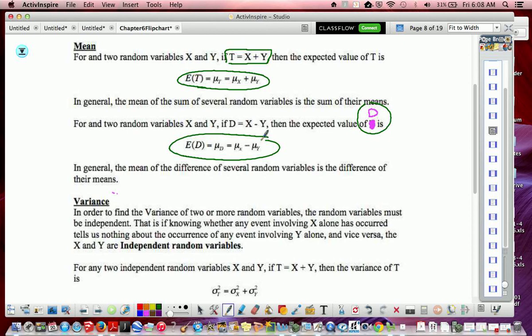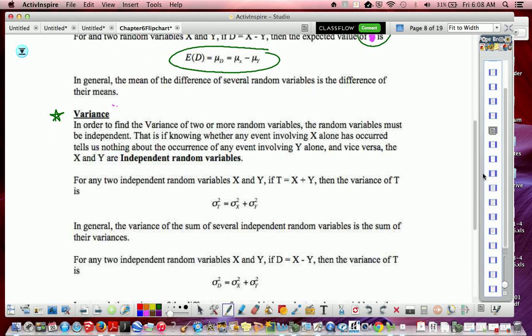Now, when we look at standard deviation, just like we did when calculating these random variables, we really calculate the variance first. So in order to combine standard deviations, you actually have to combine variances first.